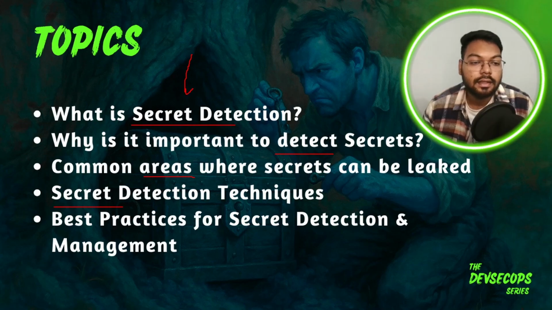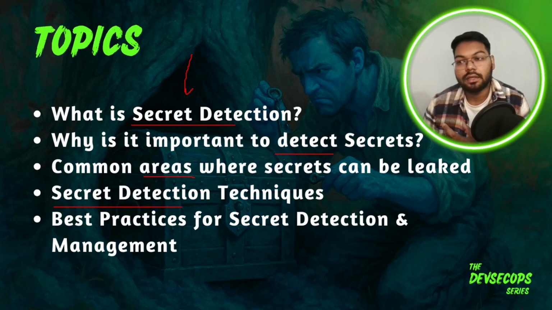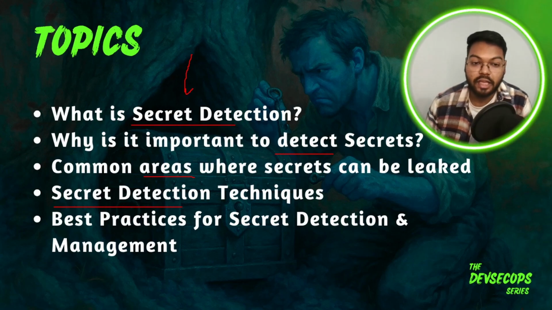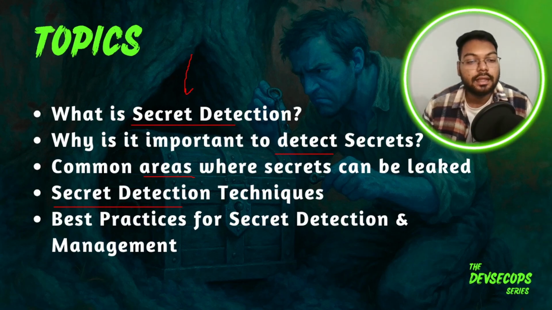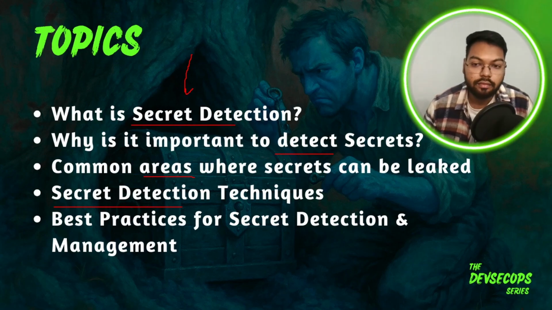Then there are different detection techniques, wherein in your code base or in the tools that you use, we would apply particular tools or techniques and search for these secrets if they are exposed. Then there are certain best practices for secret detection, and different tools we will see as we go through these topics.